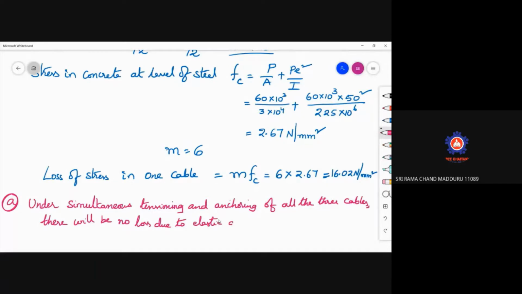Just remember this. If all the wires are stretched at a time and when they are anchored, then there will be no loss due to elastic deformation of concrete.